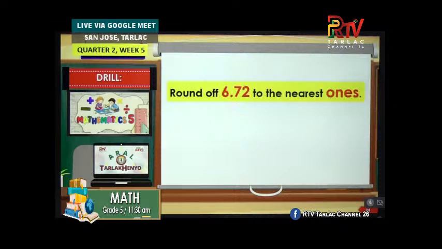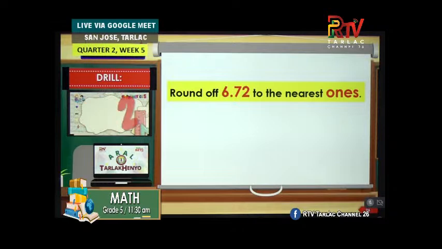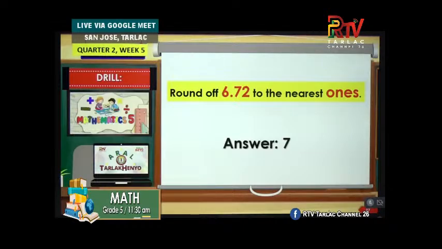Let's apply these rules. Round off 6 and 72 hundredths to the nearest ones. You have 5 seconds to answer. If you answered 7, you are correct. This is how we arrive at the answer.